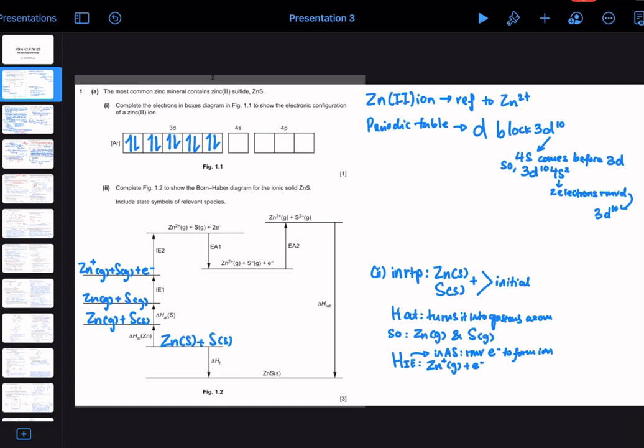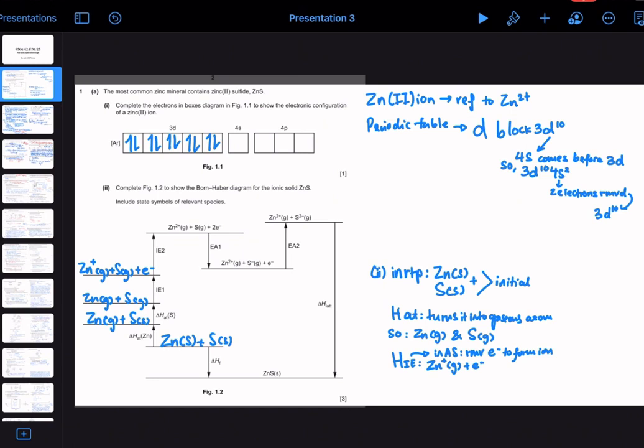Alright, so again, zinc 2 ion essentially refers to zinc 2 plus, and if we take a look at the periodic table, it falls under the D block section. There is a shortcut as it's right in the middle, so that would be D block. And then you can count the order from 1 to 10, and it falls under 10, so it's 3D10.